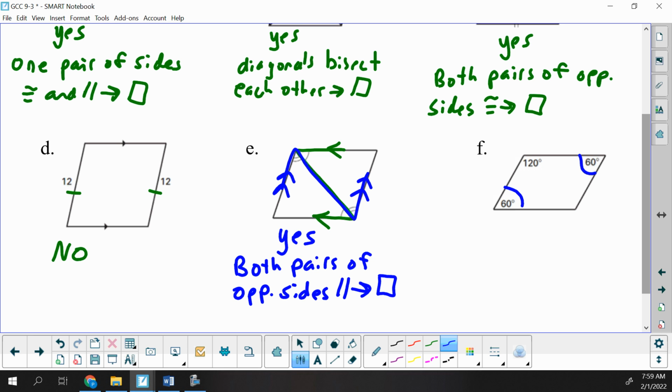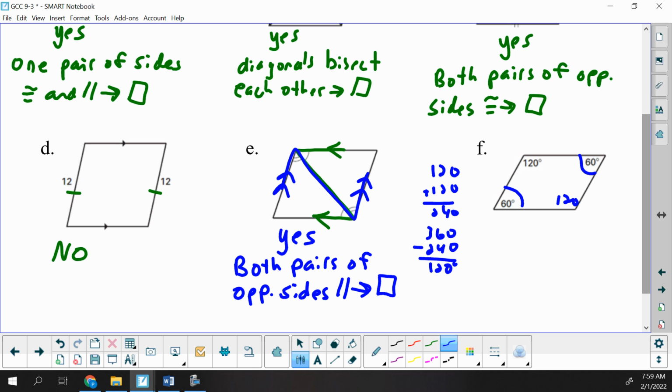Well, hopefully you thought of something like a square or rectangle that has 4 90-degree angles. 4 times 90 is 360. Or you can think of it as this can be split into 2 triangles, and each triangle is 180. So we would need this to add to 360. Well, 60 and 60 gives us 120, plus another 120 is 240. And if we did 360 minus 240, that would give us 120 degrees.